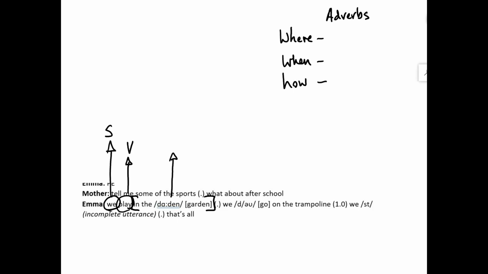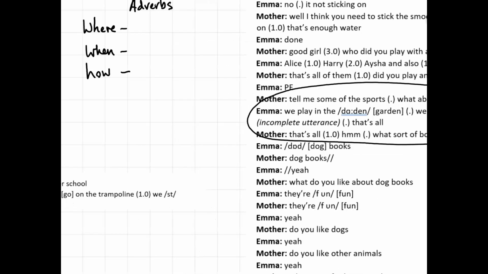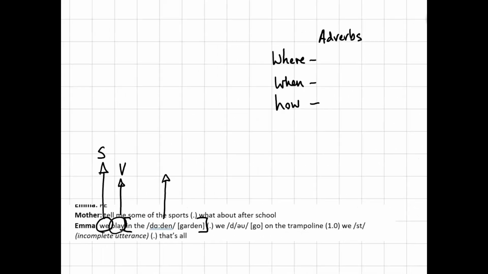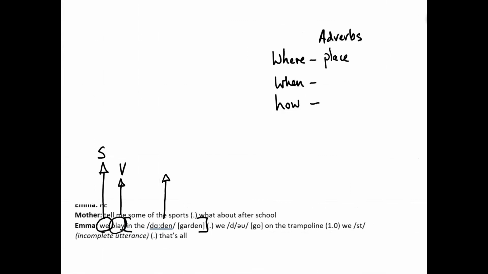So where, well, that would be an adverb of place, as in here. When, well, that would be an adverb of time, for example, today. And how, well, that would be an adverb of manner, such as quickly, slowly, publicly, privately, and so on. So they answer that question.